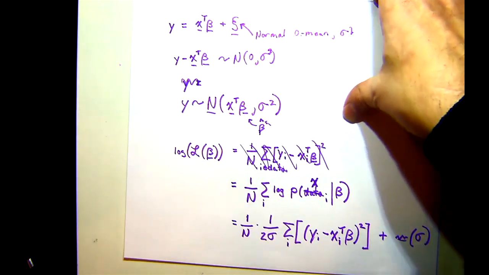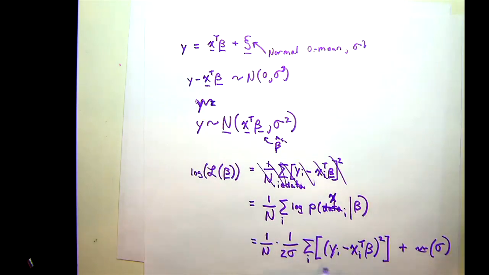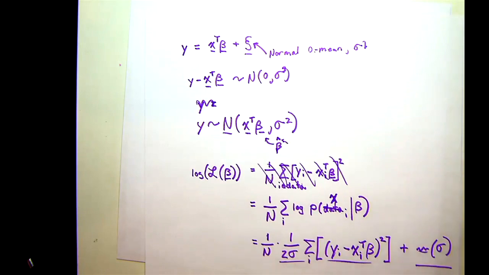So the way you take the maximum of this is... no, because this part and this part and this part all come from the definition of a normal. They're just the probability of a normal distribution that we then take the log of.